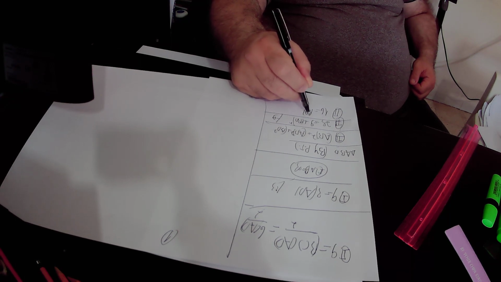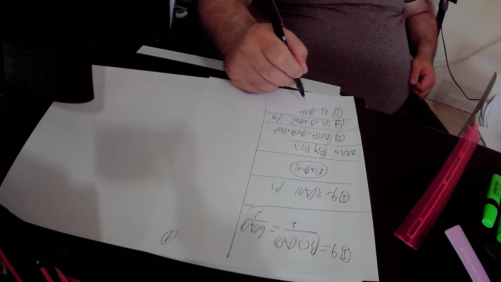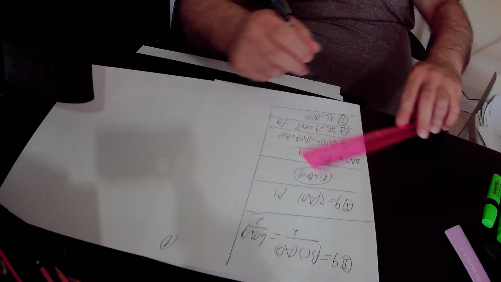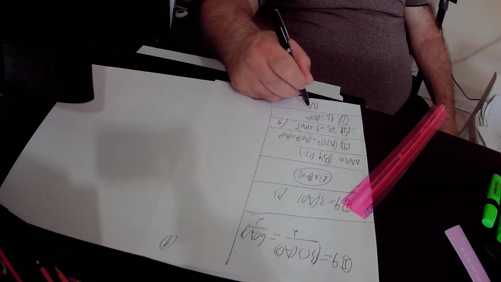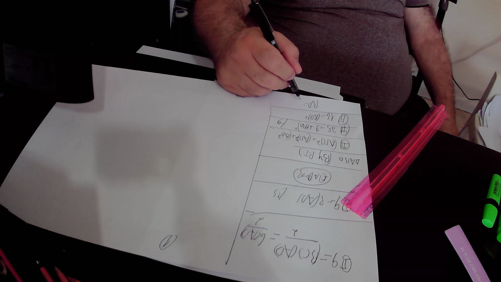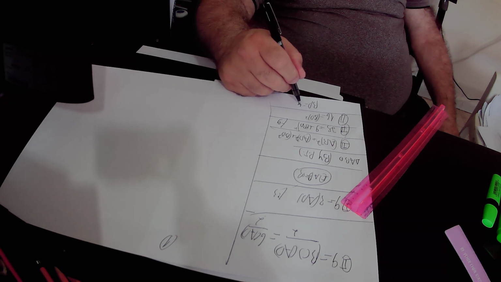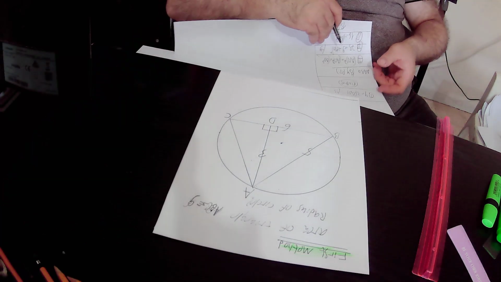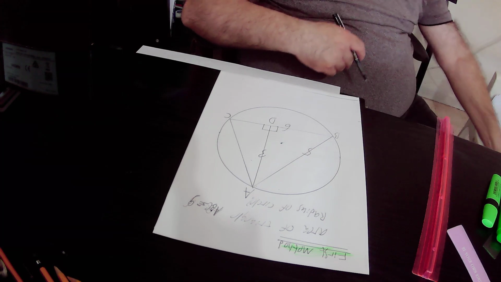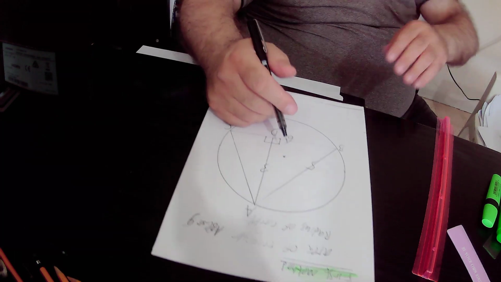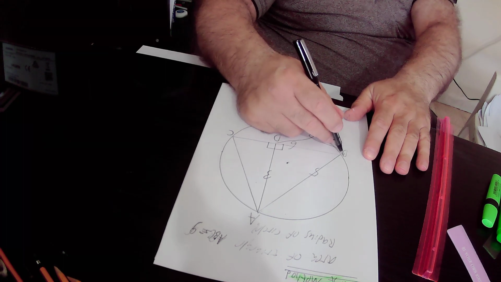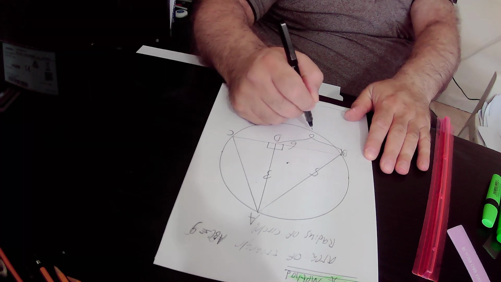Taking the square root, BD equals the square root of 16, that is 4 units. So we can write down here that BD equals 4 units.